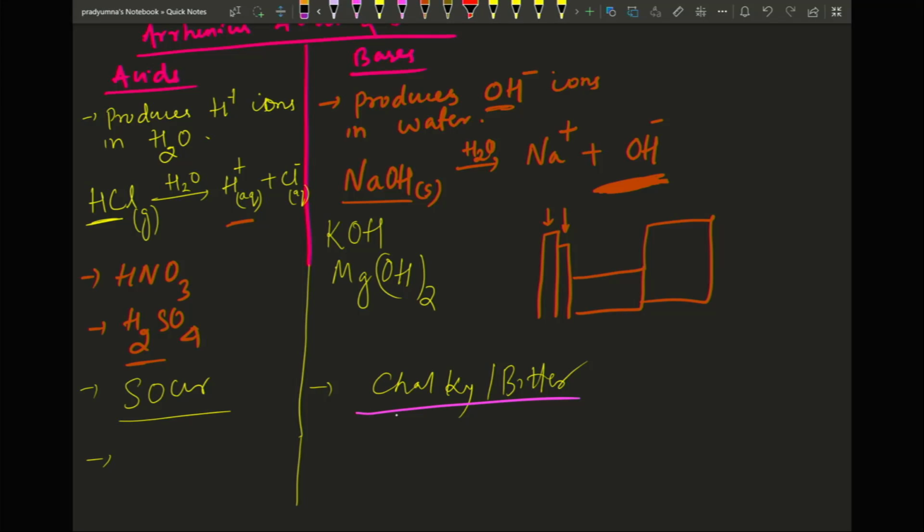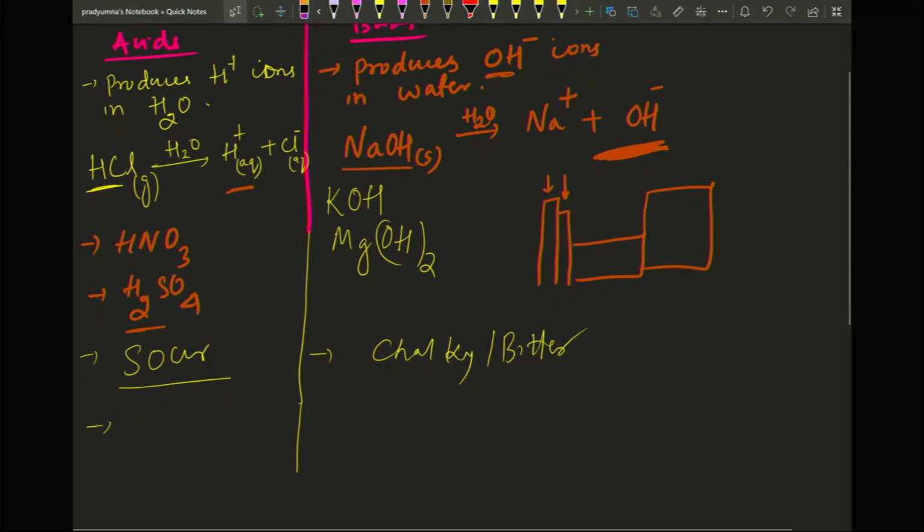I know some of you have taken the lab already. If you haven't, you will. In the lab, you will be doing some testing for whether it is an acid or a base. If it's an acid, it will turn litmus paper from blue to red.